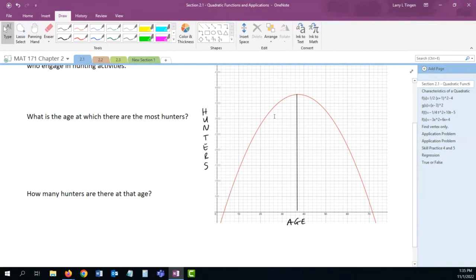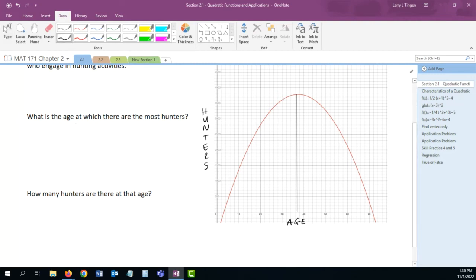So what age does that happen at? Well, each of these tick marks appears to be worth 4 years. So 30, 32, 34, 36, 38, 40. Let's say it's right there in the middle and say that that is at 37.